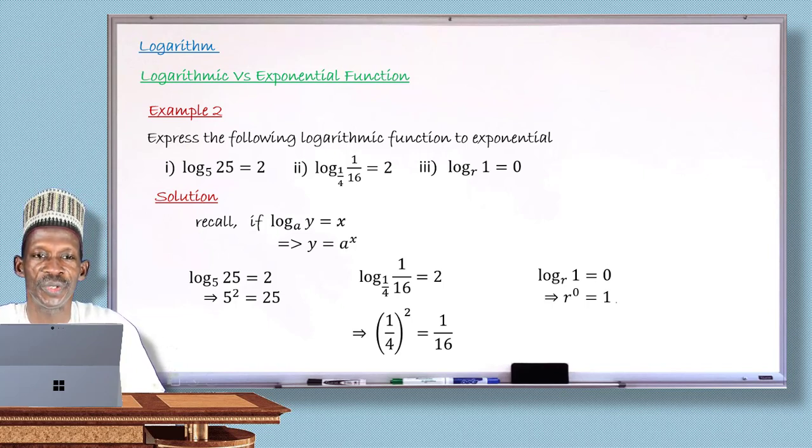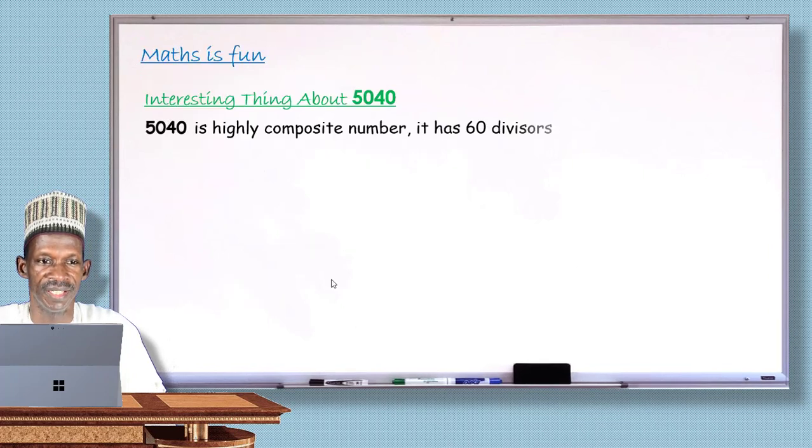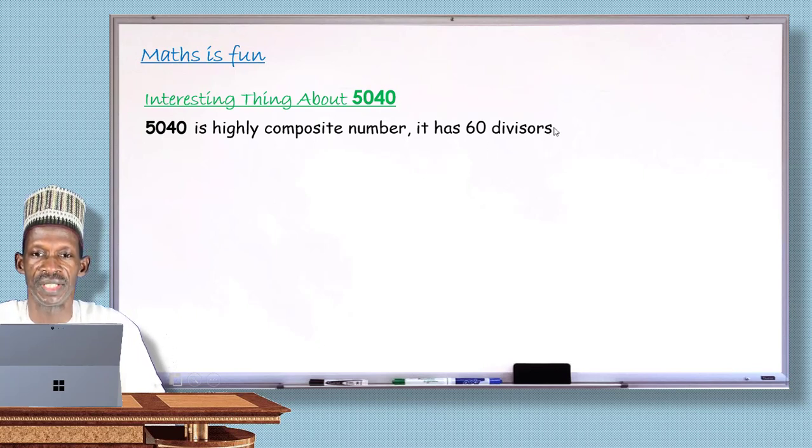And let me just move quickly to the last segment, the fun part, and share with you what is interesting about the number 5040. The number 5040 is a highly composite number, that is a number with many factors. In fact, there is no number smaller than this 5040 that has this number of factors, that is this number of divisors.